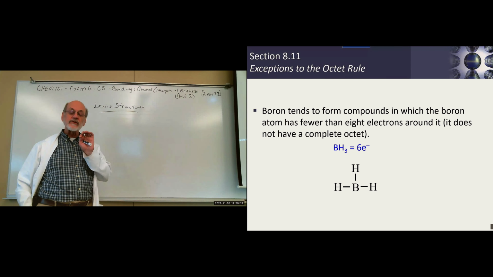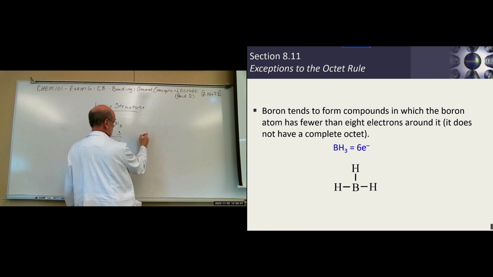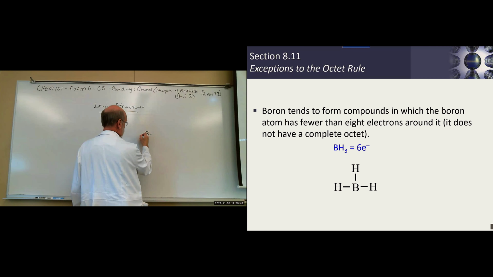Well, if we take boron trihydride, boron is in 3rd position from the left, right? It only has 3 valence electrons. And 3 times 1 is 3 here, so we have 6 electrons. Well, let's make 3 hydrogens, right? 2, 4, 6.